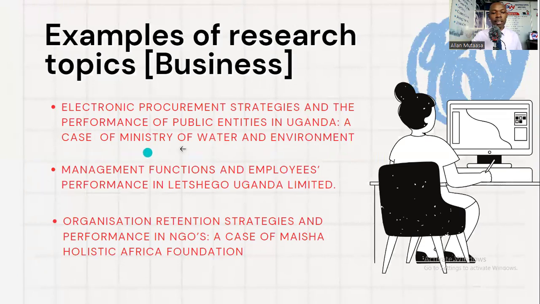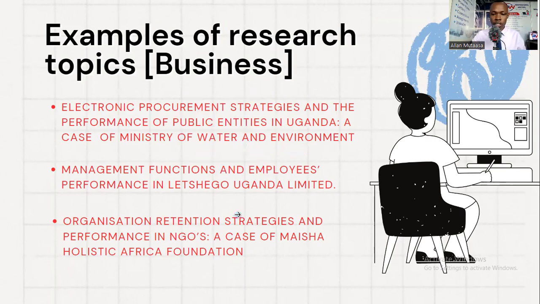And then a case of Ministry of Water and Environment, that is the study area. So our topic has the variables, our topic has the population, and our topic has the study area. So electronic procurement strategies and performance of public entities. So our focus is going to be on public entities.